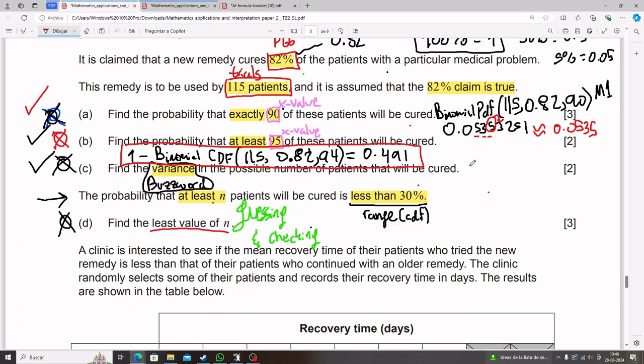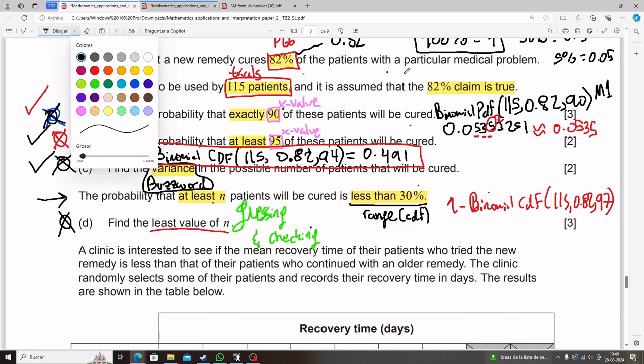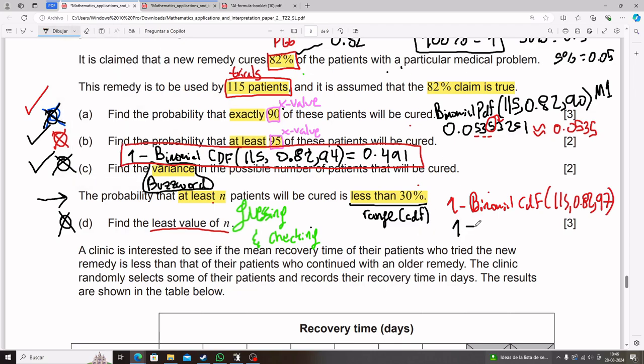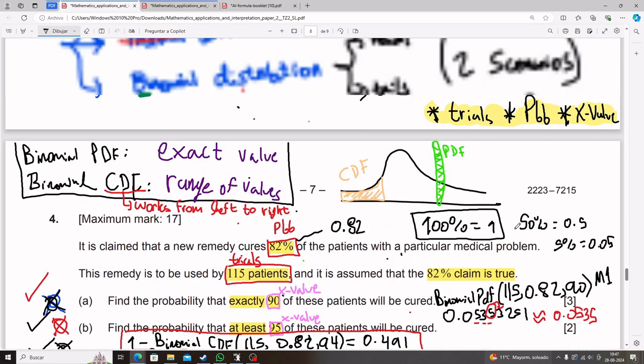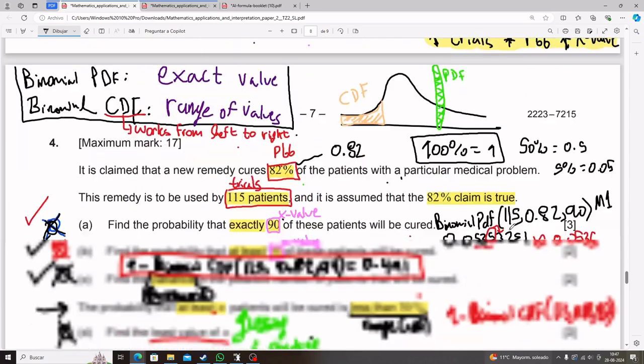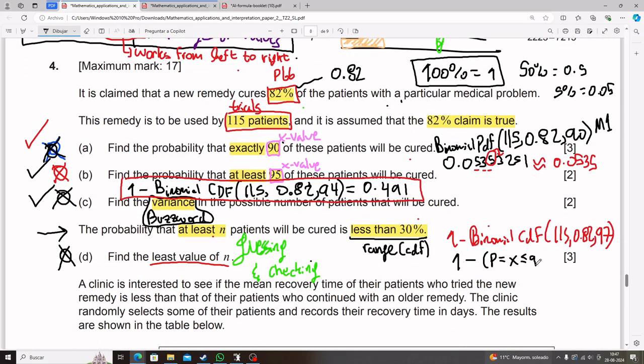So for guessing and checking, you can show that you did 1 minus binomial CDF of 115, 0.82, and 97. Technically, if you want to get really fancy, you're doing 1 minus the probability that x is less than or equal to 97, since it reads from left to right.